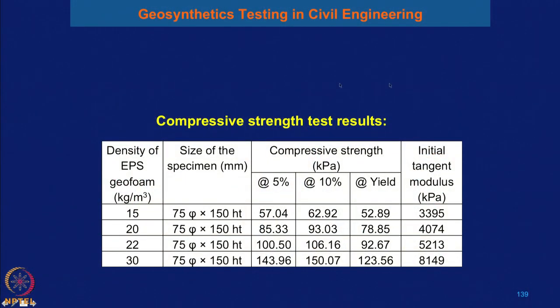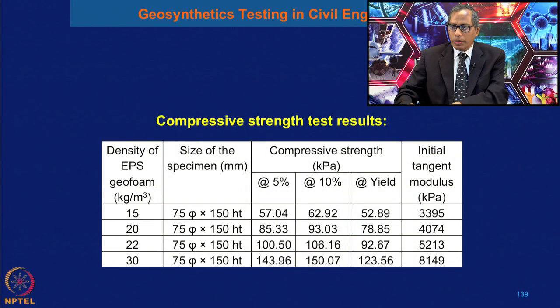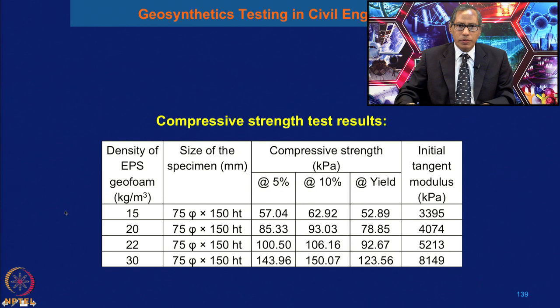You can see here the compressive strength for 5%. These are the values 57, 85.33, 100.5, 143.96 under different densities of EPS geofoam. Similarly, for 10%, 62.92, 93.0, 106.16, 150.07.